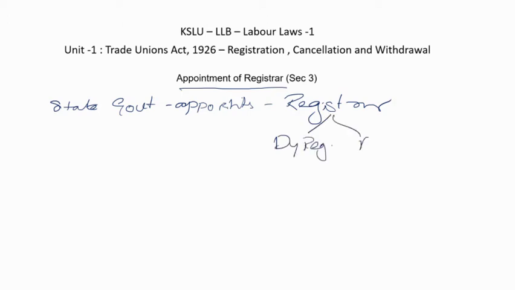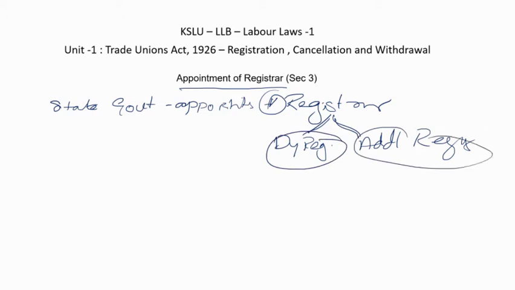So one registrar is a must, and based on the needs, the state government can appoint any number of deputy registrars and additional registrars. But these two, deputy or additional, will be working under the guidance of the registrar. The local limits of each deputy registrar, additional registrar, or registrar will be fixed by the state government only.